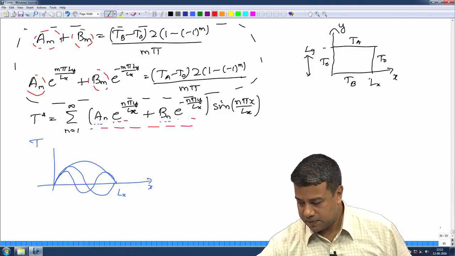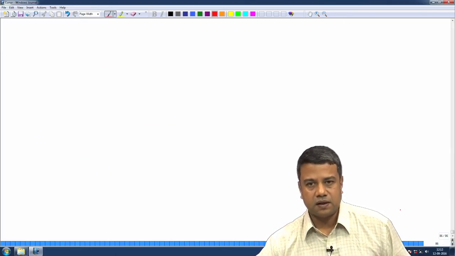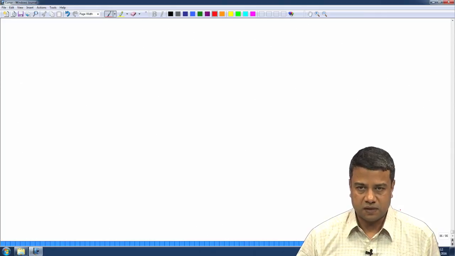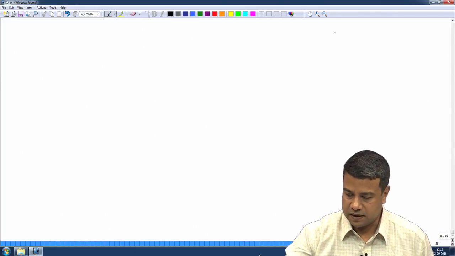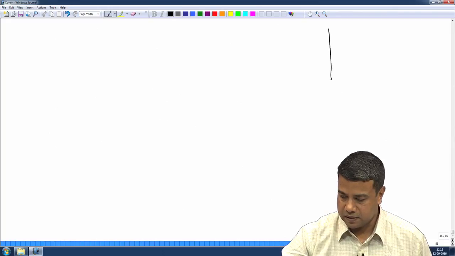Now, you might ask what happens if the equation is not steady. So, I will just briefly outline the way that you would solve this problem if you are solving for an unsteady equation.